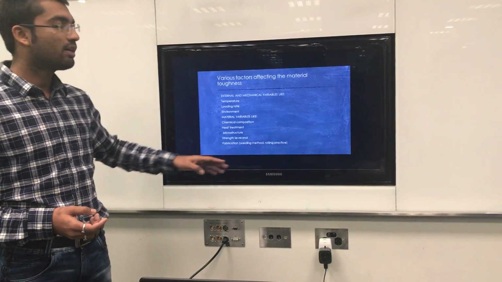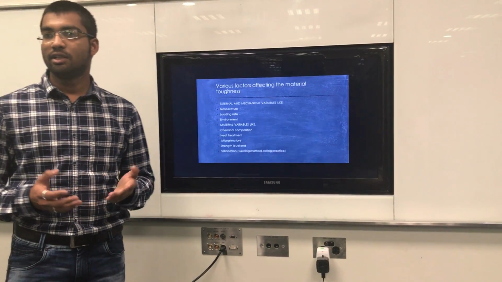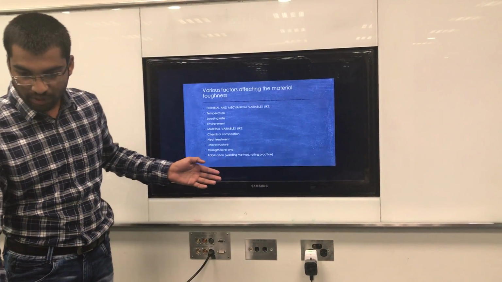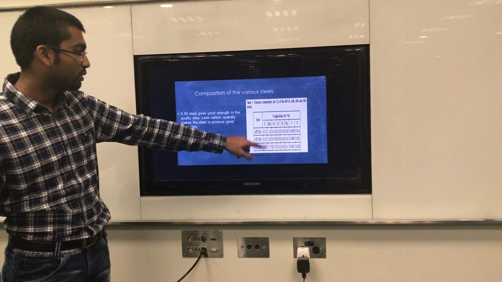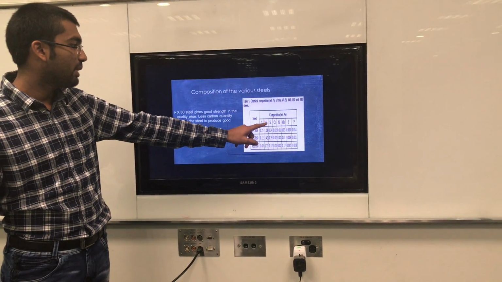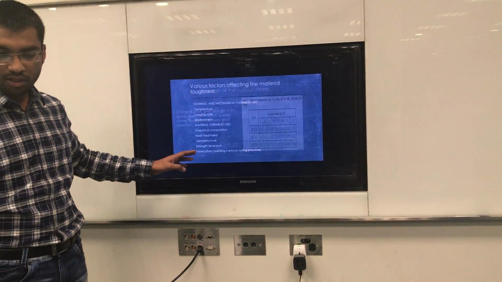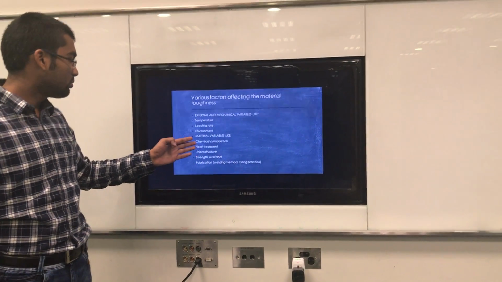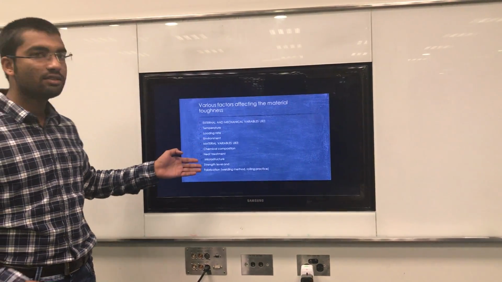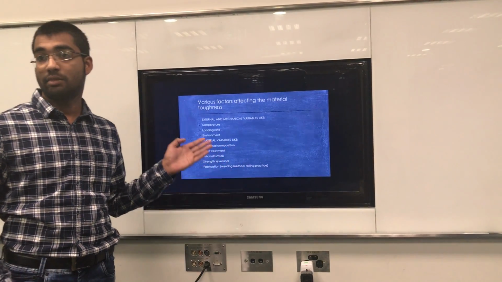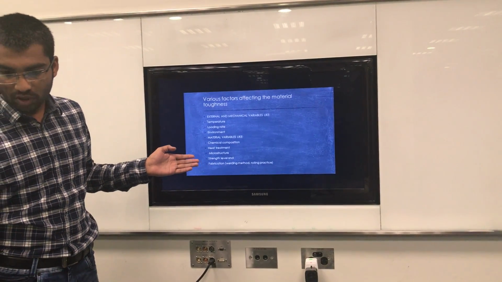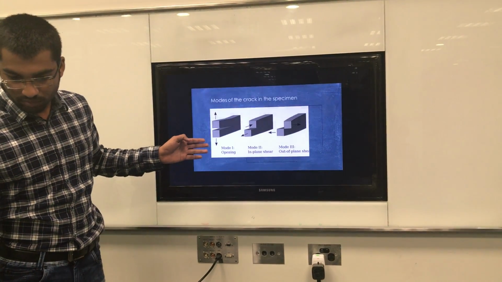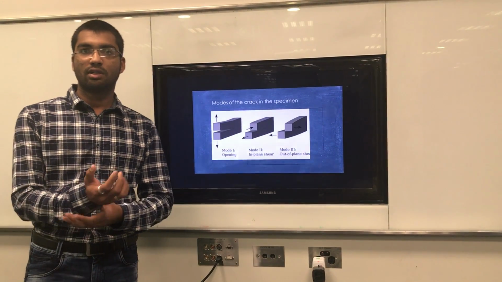And coming to material variables, there is chemical composition, which I explained in the previous slide: carbon content, manganese, chromium, all of which affect the material. Because of all these things, the material has a major impact on the working of the pipelines.